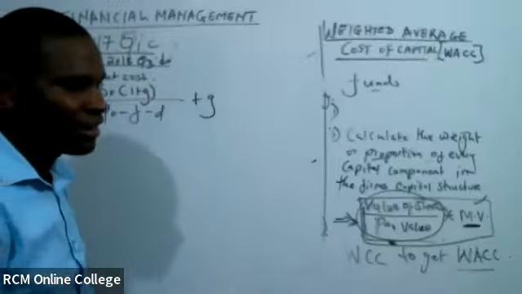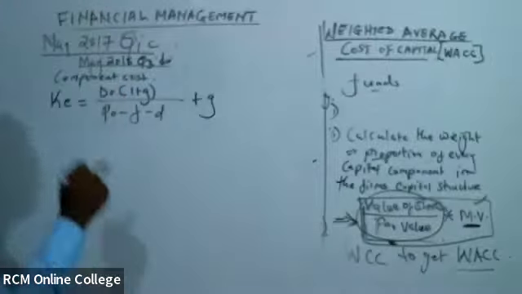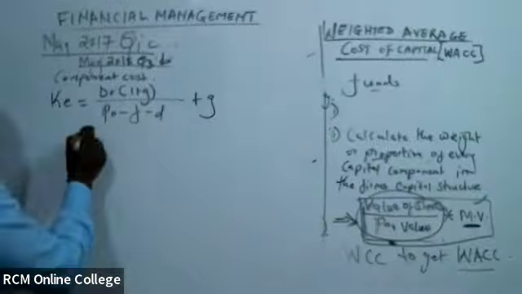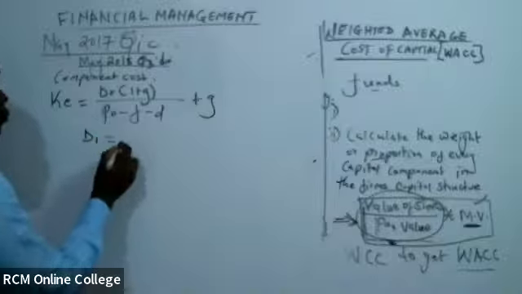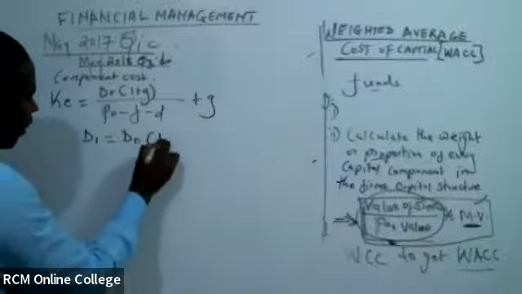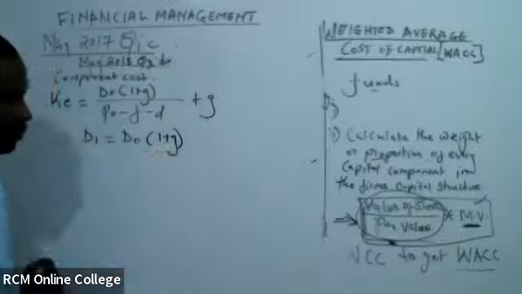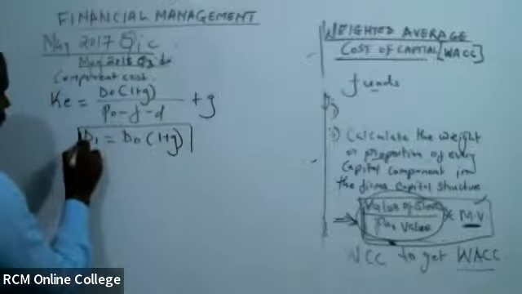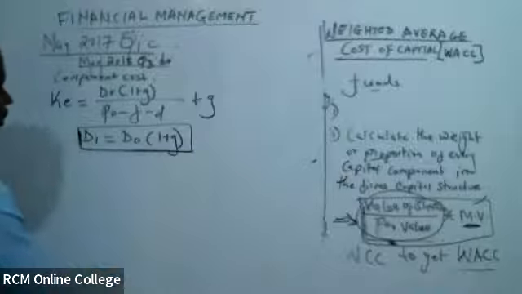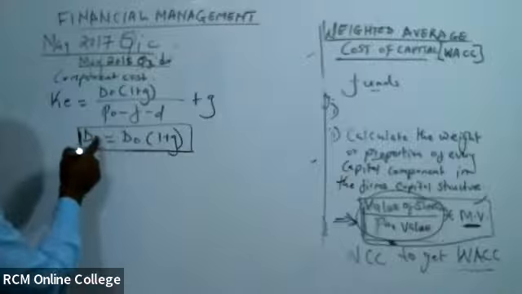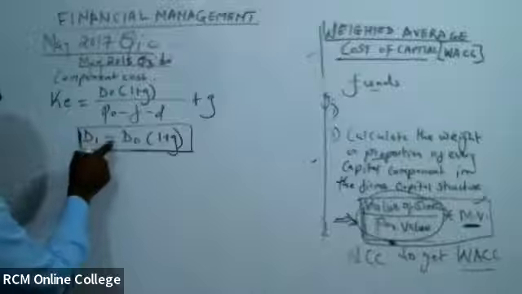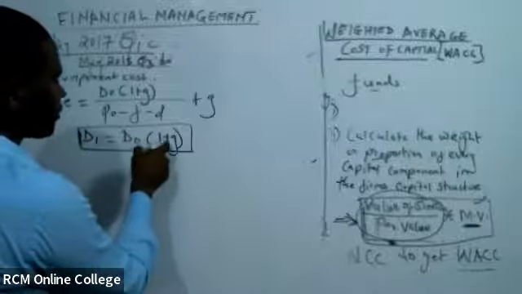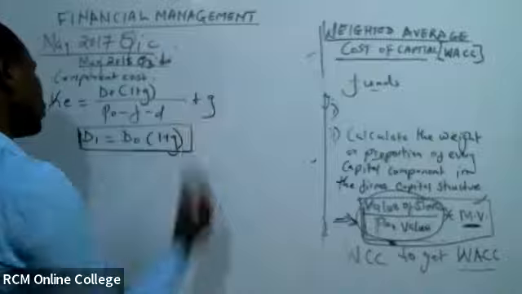We already have D1. For the new student, please note this: D1 is equal to D0(1+G). Hold on to that, it is important. Most students fail this question because of failing to understand that D1 is equal to D0(1+G). We grow that to get D1.